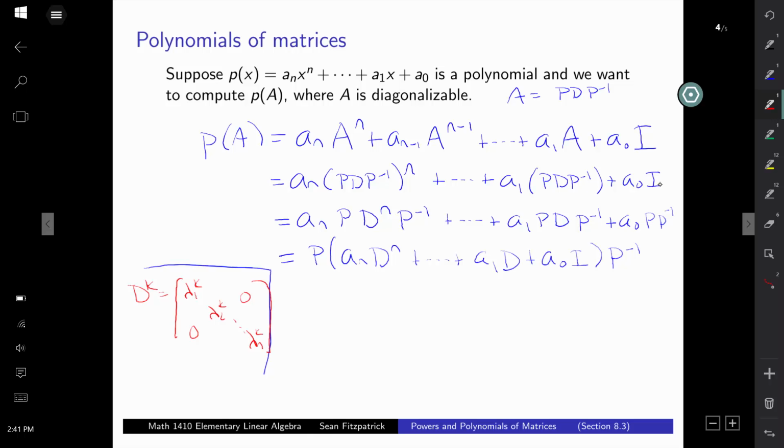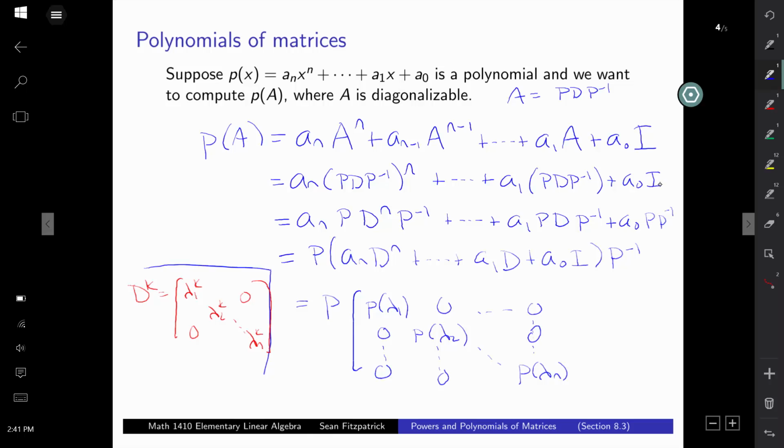And so if you do things term by term, it's quite a remarkable thing that happens. You get P times a diagonal matrix where the diagonal entries are your polynomial applied to lambda 1, polynomial applied to lambda 2, down to the polynomial applied to lambda n, and everything else is a 0.